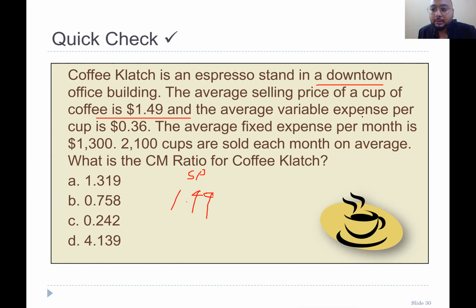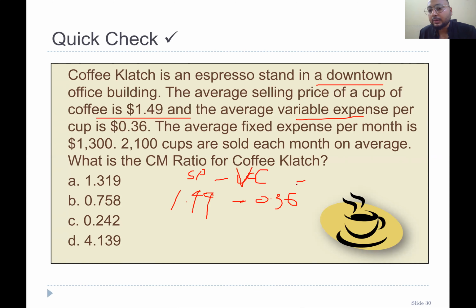The average variable expense is 0.36. Variable cost, 0.36.